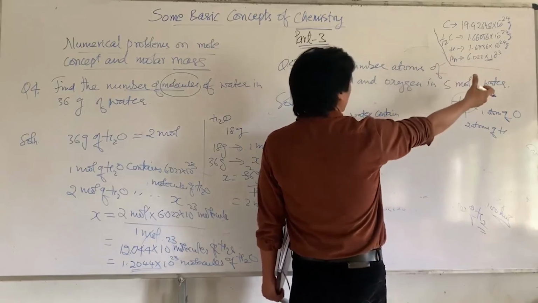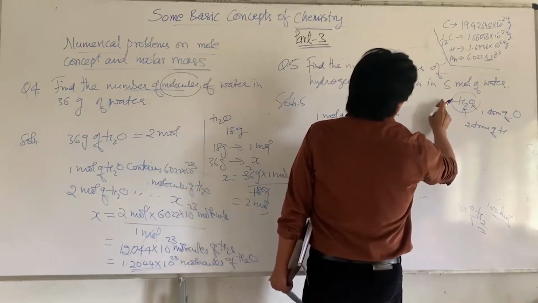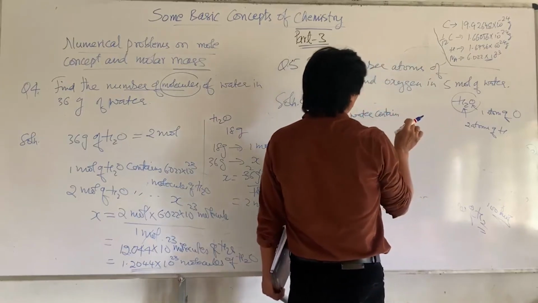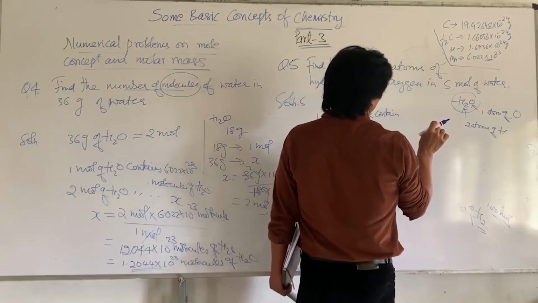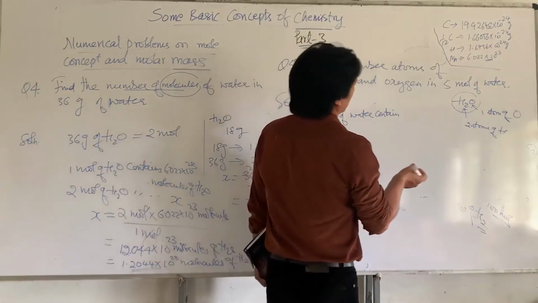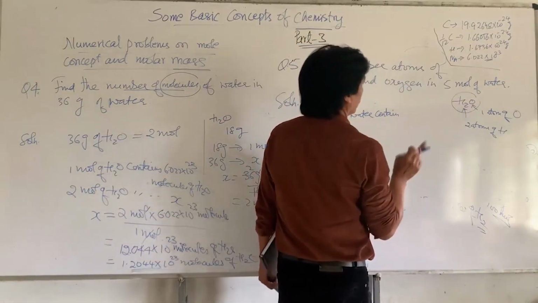In terms of molecules, 1 mole contains 6.02 into 10 to the power 23, so that is 6.02 into 10 to the 23 atoms of oxygen in 1 mole.